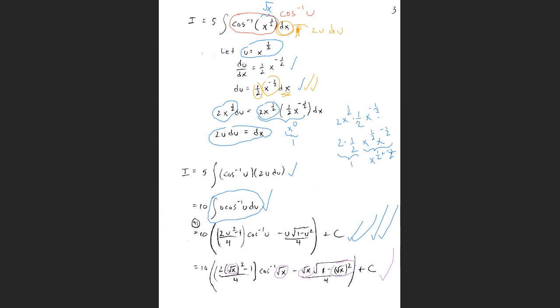So I can simplify this. I'll show you the simplified answer on the next page. But the square root of x squared, wherever you see that, you can just write an x for that, right?